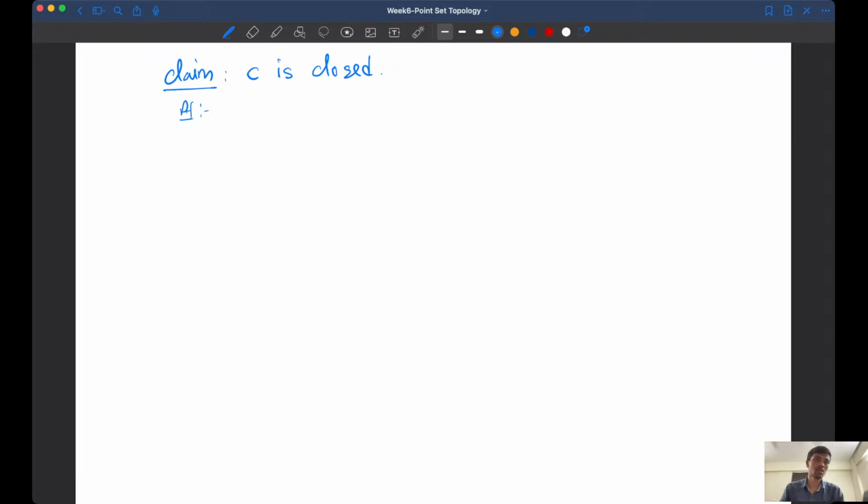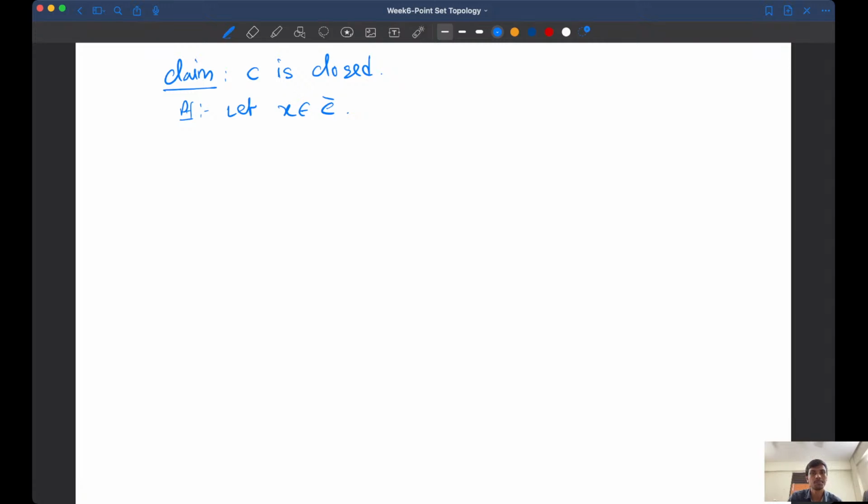C is already contained in its closure, so I have to show the closure of C is contained in C. Let X belong to the closure of C. By definition of closure, this means if I pick any neighborhood around X, it will intersect C, right?